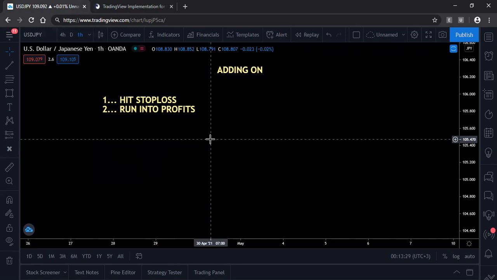Now, if you have these two scenarios, you should always be playing them out in your head: has the market acted according to how I was expecting, or has the market just gone against me, right?